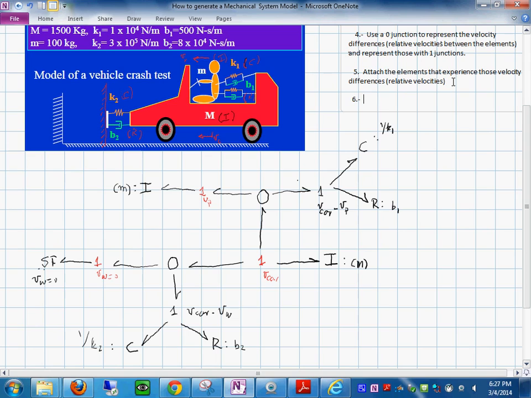But what I'm trying to say is, if you have the model to this point, to this stage, CamG will do the rest for you. But in here is step 6, numbering of bonds and causal marks. This CamG can do for you.